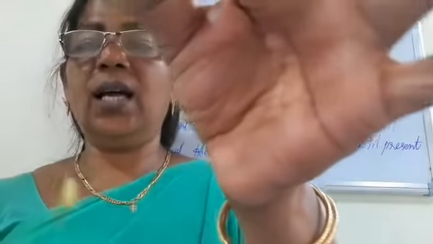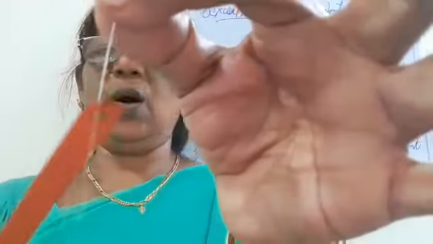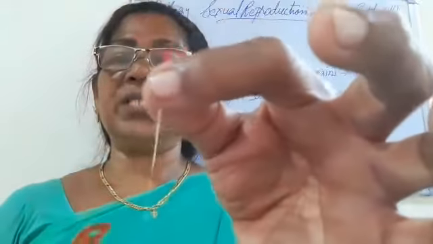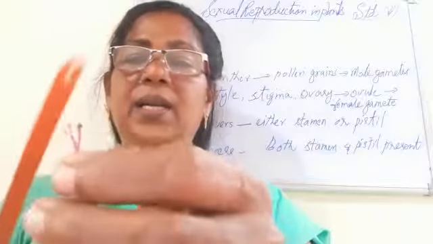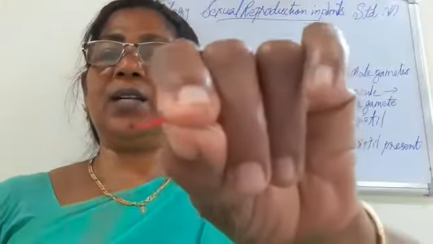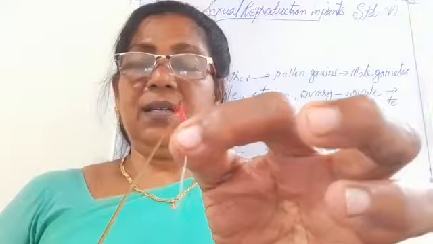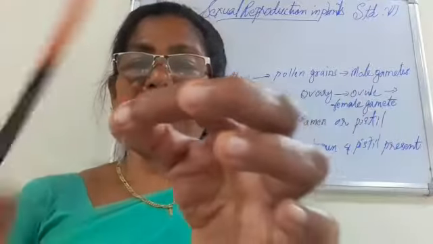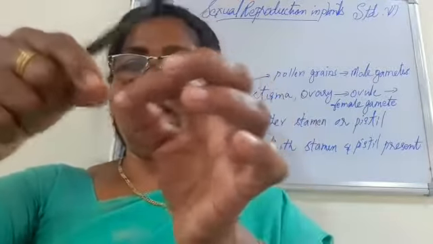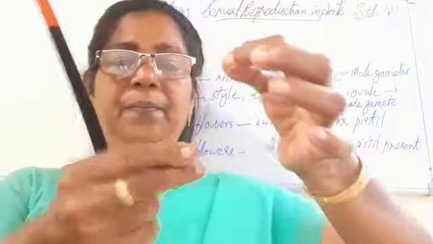The lower and broad part is known as ovary, and the long white tube is known as style, and there is a colorful branchy part at the top which is known as stigma. The pollen grains are normally deposited over the stigma. So this is the pistil.